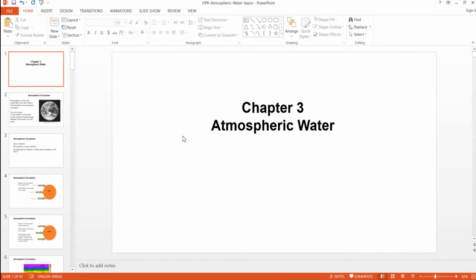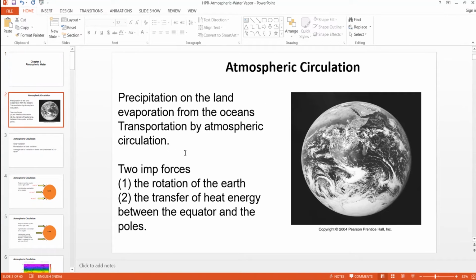Now I'm going to explain atmospheric water. We know that evaporation takes place from oceans and land surfaces, and this evaporated water vapor is transported to the high altitude atmosphere.